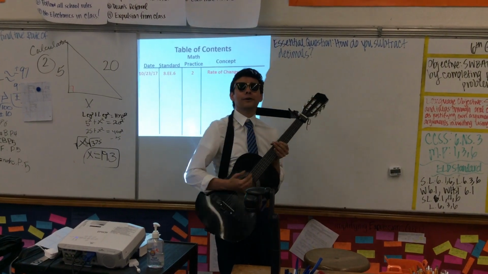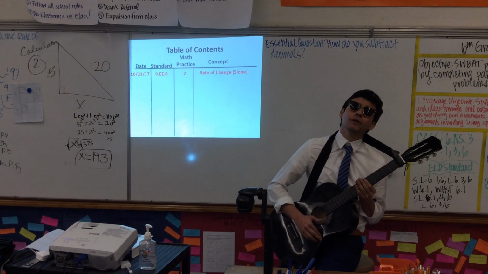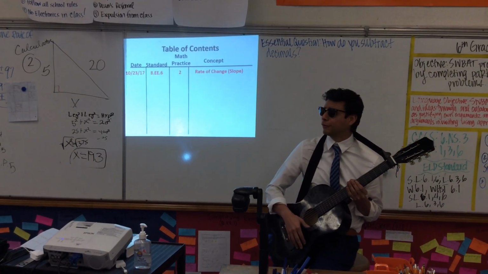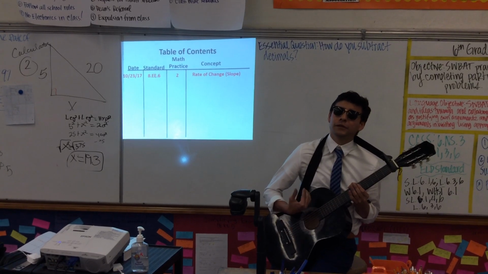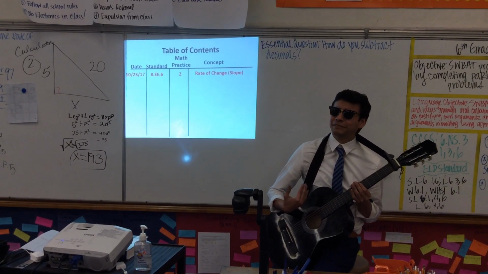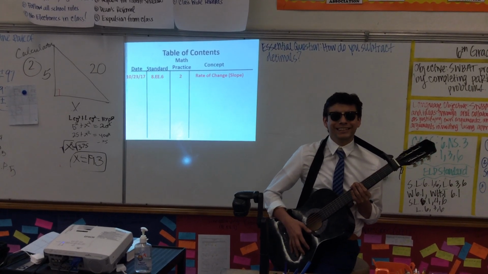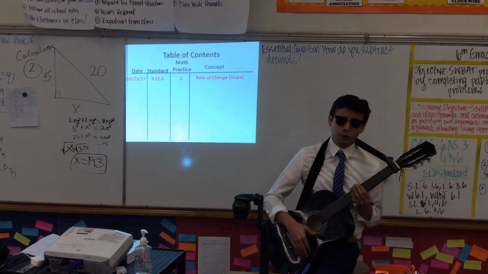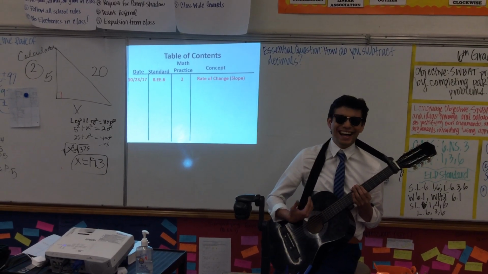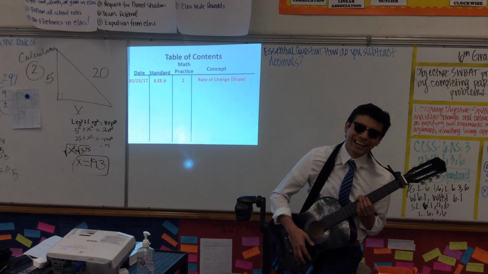Oh, slope, slope, m equals rise over run. To the left, the slope is negative. To the right, the slope is positive. Straight up and down, the slope is undefined.